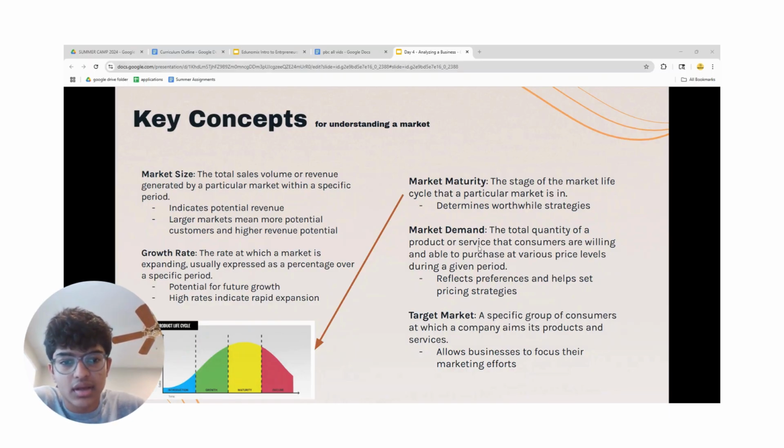Market demand. Again, that's just, do people want the product? That is usually on a micro level. It's a preference thing, and it's important in understanding how much to produce. So if you're advising in your pitch that this company should increase production, you really want to be looking at the marginal cost and the marginal revenue of each unit increase of production, and base that off of the demand to optimize how much should be produced, if that makes sense.